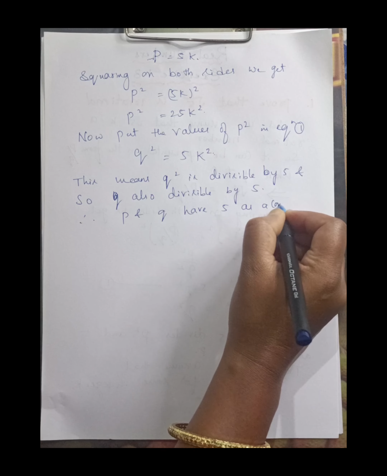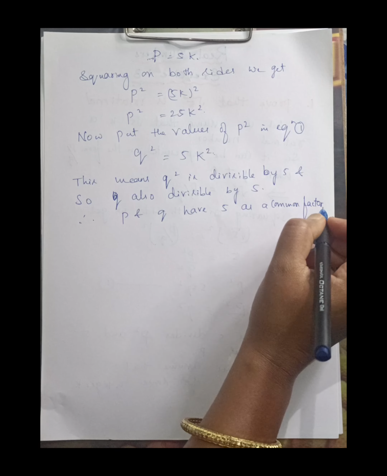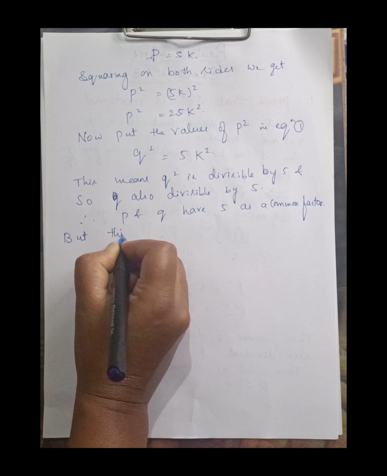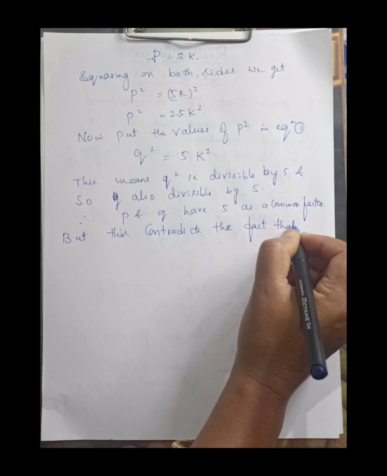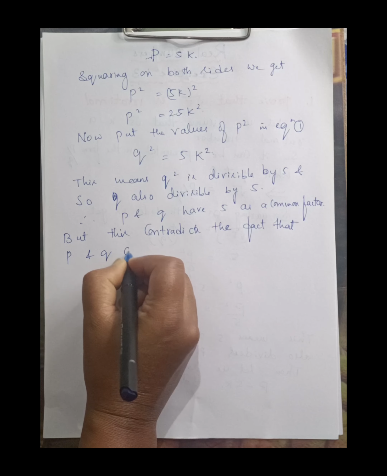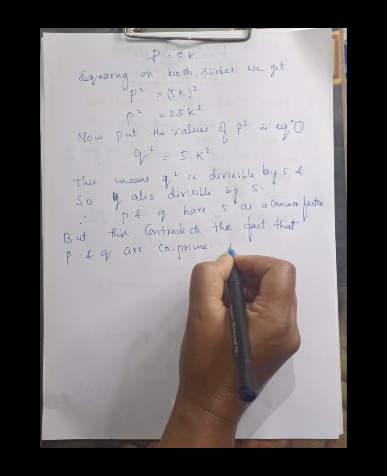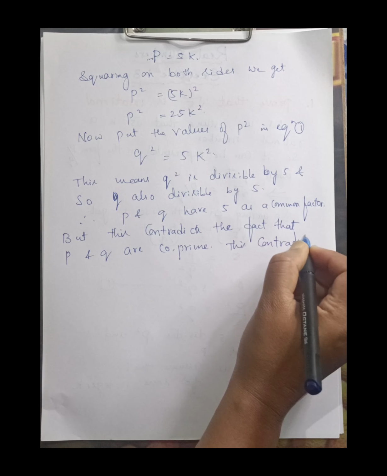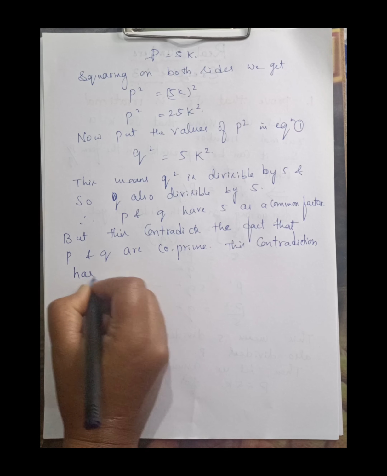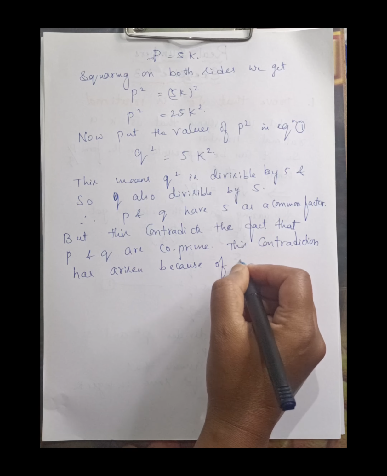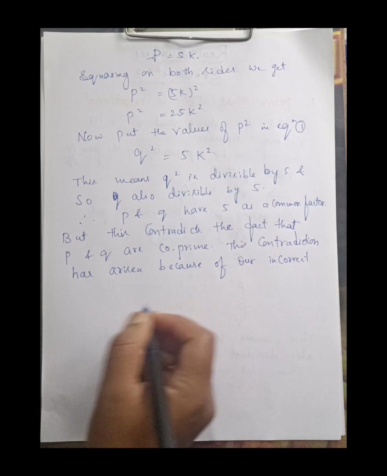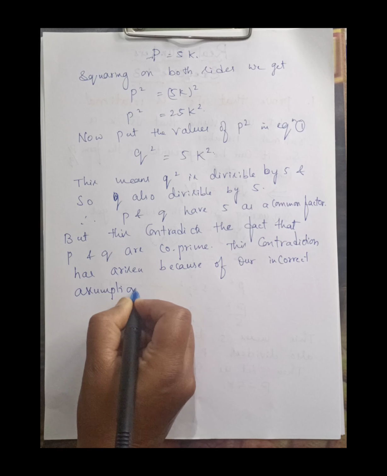Therefore, both p and q have 5 as a common factor, but this contradicts the fact that p and q are co-prime. This contradiction has arisen because of our incorrect assumption, that is root 5 is a rational number.